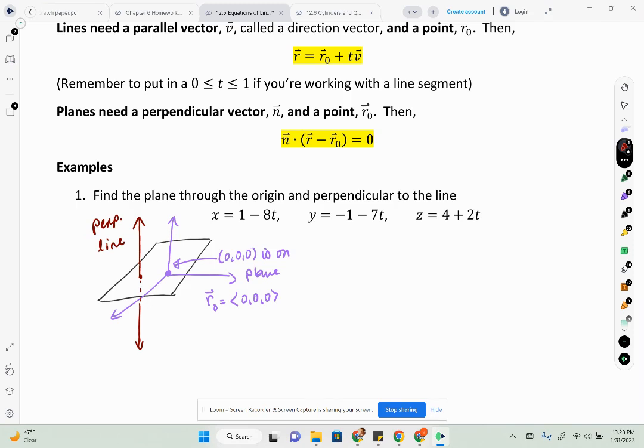Now the line has a direction vector. It has to have one, and I'm going to draw it on the line so we can see it right there. That's v, the direction vector for our line. It's parallel to our line, and since our line is perpendicular to our plane, the direction vector is also perpendicular to our plane.